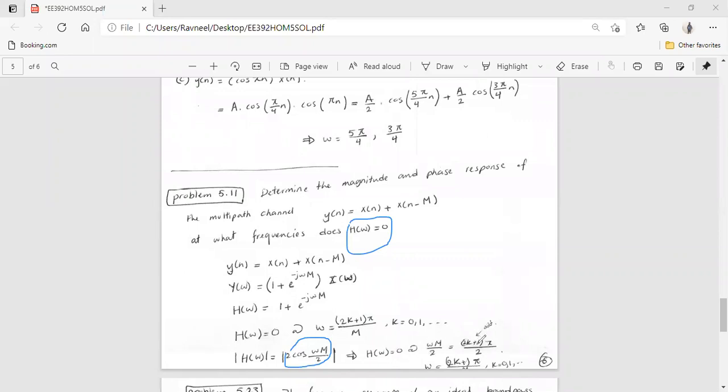If we have a theta and add 2 pi multiplied by k, it gives us the same result, so pi upon 2 plus 2 pi k gives the same thing, and 2 pi k is just a constant. That is what is given over here. Then we solve for omega, and we end up with omega equal to 2k plus 1 times pi upon m.